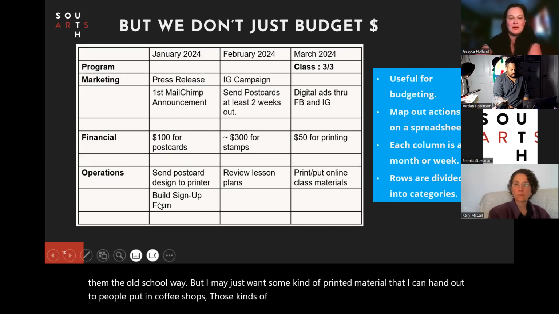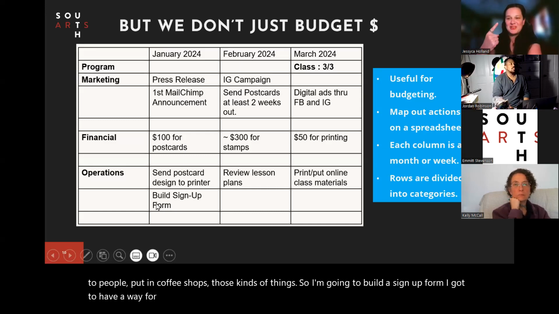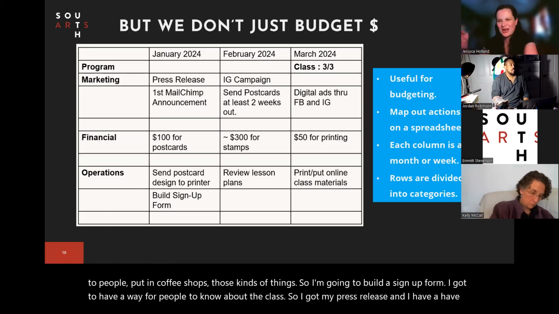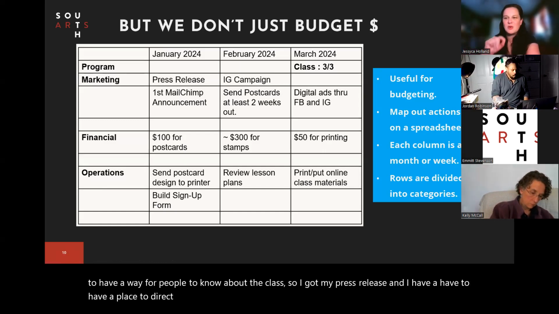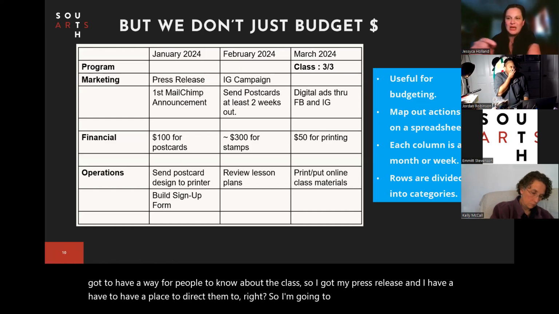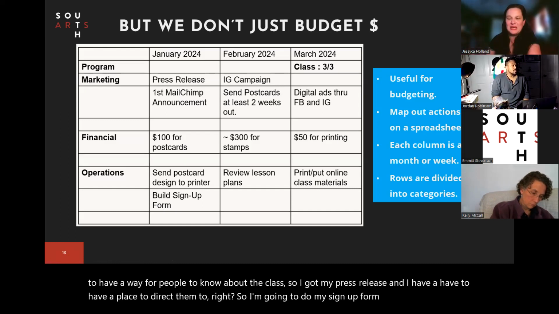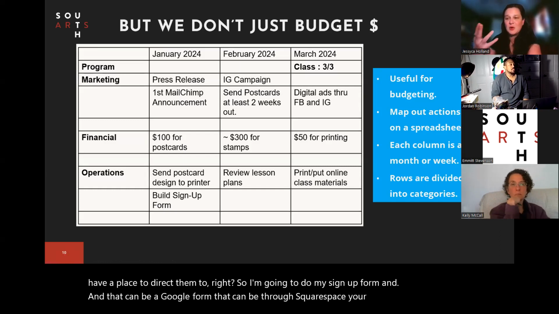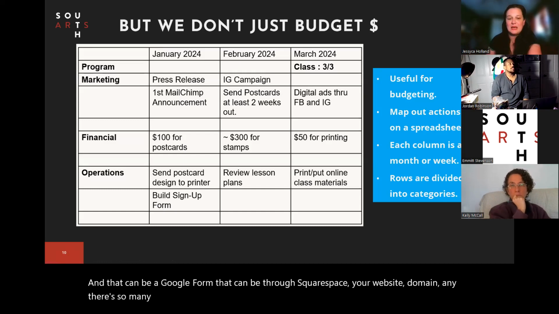So I'm going to build a sign up form. I have to have a way for people to know about the class. So I've got my press release and I have to have a place to direct them to. So I'm going to do my sign up form, and that can be a Google form, it can be through Squarespace, your website domain, there are so many different kinds of things that we have now.